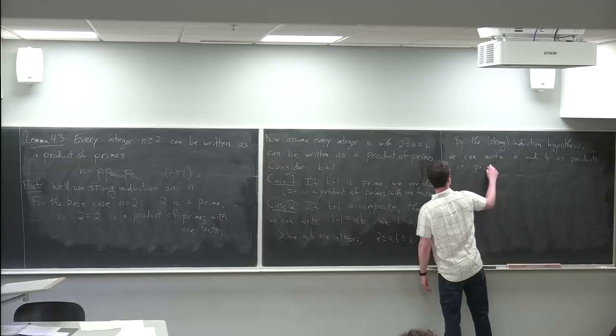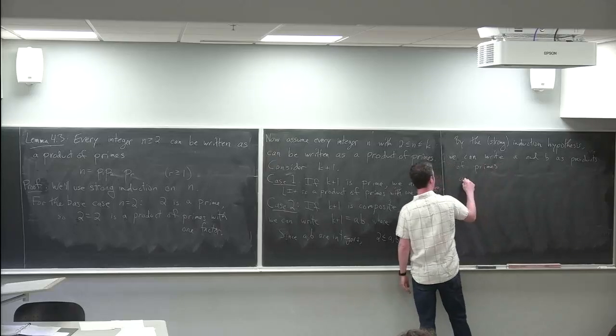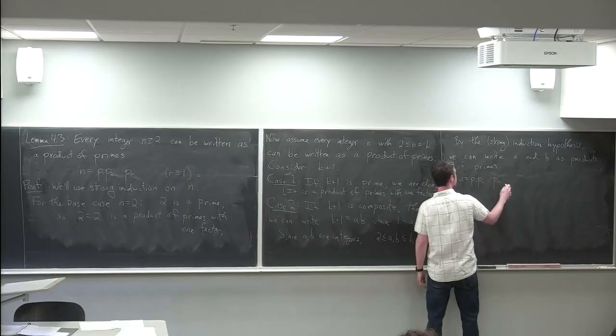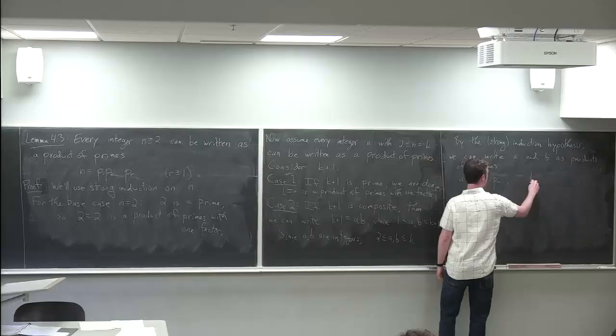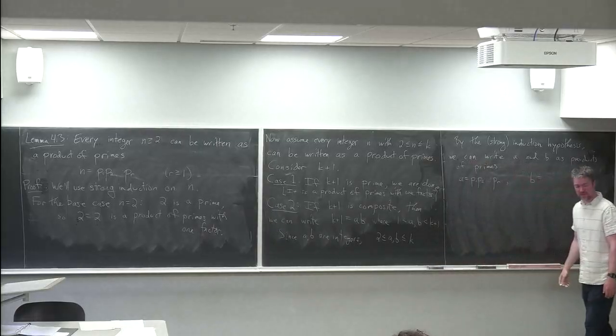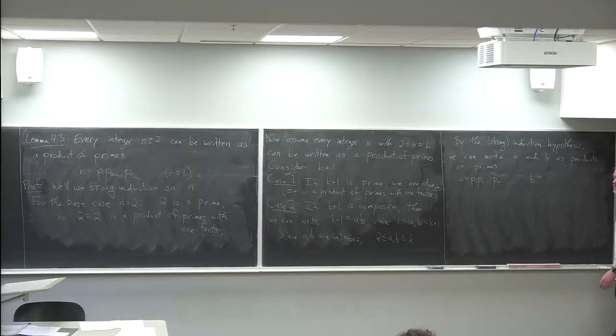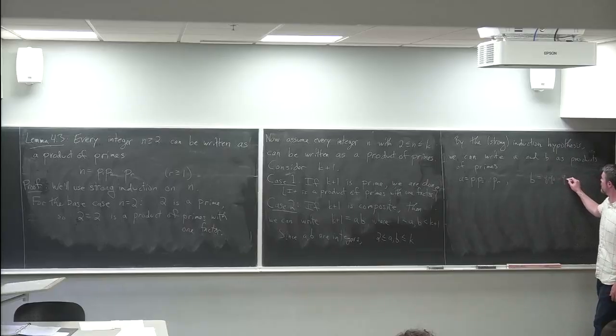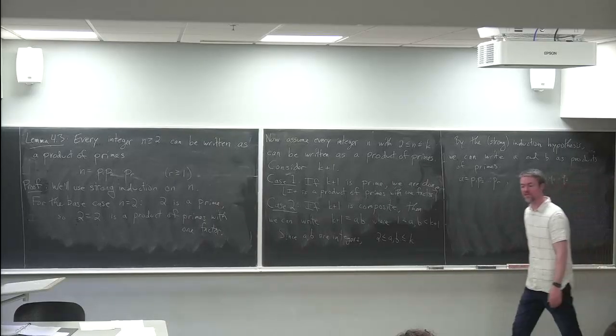So let me just write that. So I mean, we could write A as a product of, let's say r different primes, like this. And we can also write B as a product of some different collection of primes. So they need different letters. Let's call them Q1, Q2, up through Q sub s. Right? So all these factors are meant to be prime.